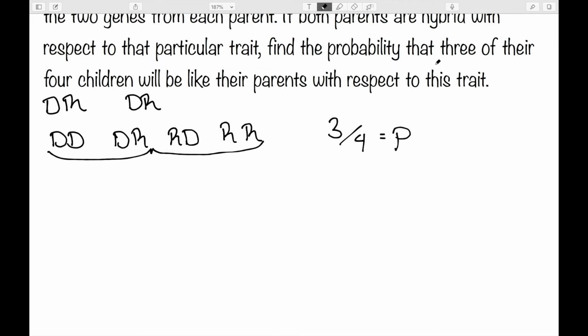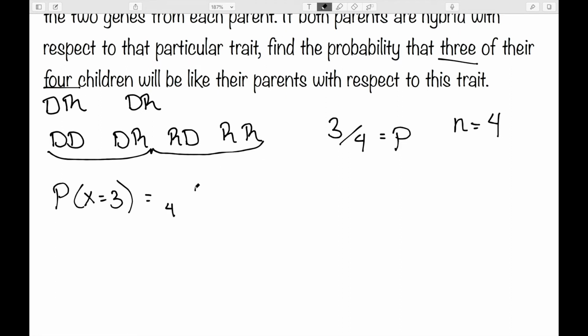We want the probability that 3 of their 4 children will be like their parents. So I want the probability that X is equal to 3. In this case, n is equal to the total 4 children.